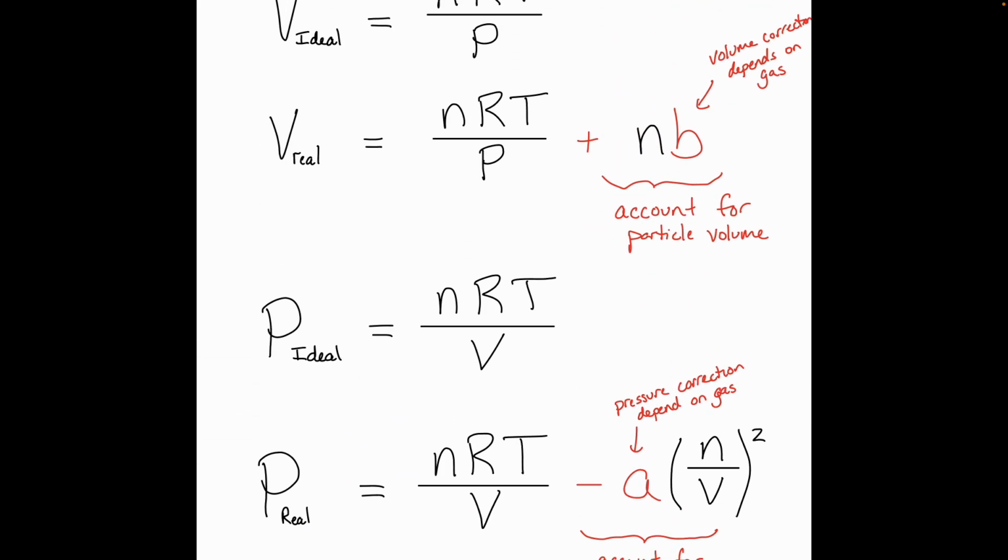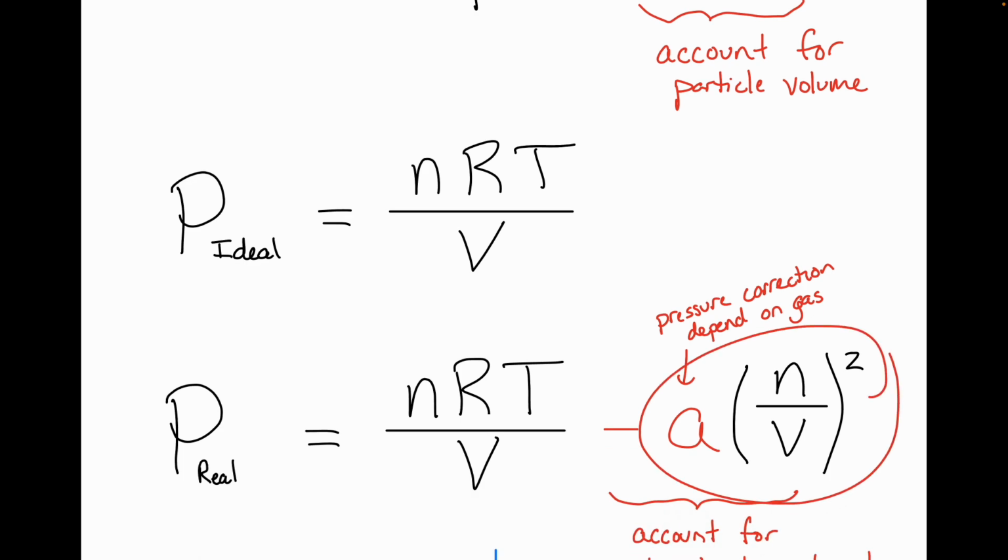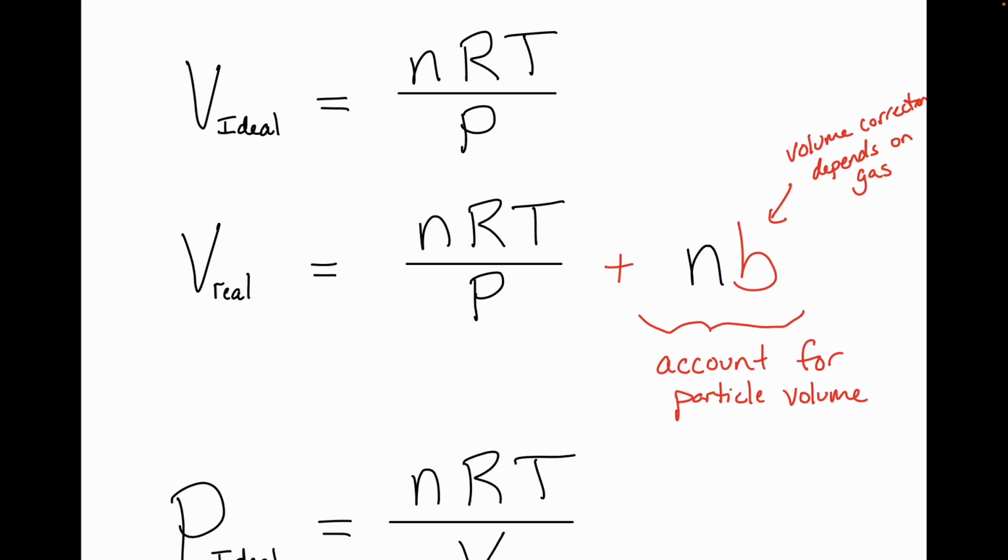We could try to do the same thing with this one up here and plug in our corrected pressure, but I'm going to be honest, it turns into a bit of an algebraic nightmare because that pressure correction depends on volume. So you would introduce a volume variable on this other side as well. It's not impossible, you could do it, but it's not the algebra game I feel like we need to be playing here, all right?